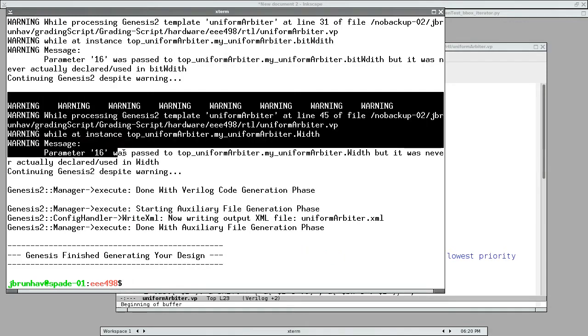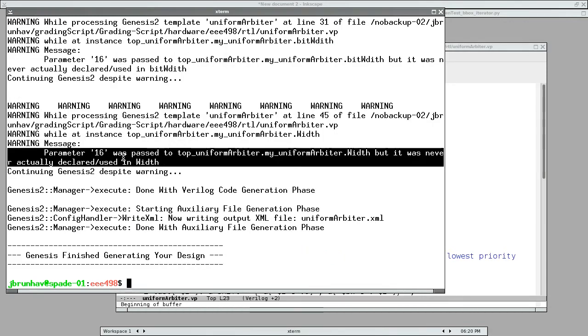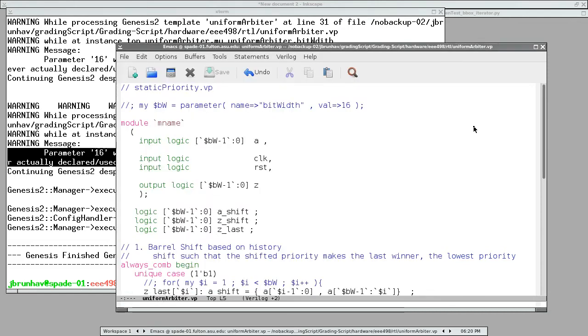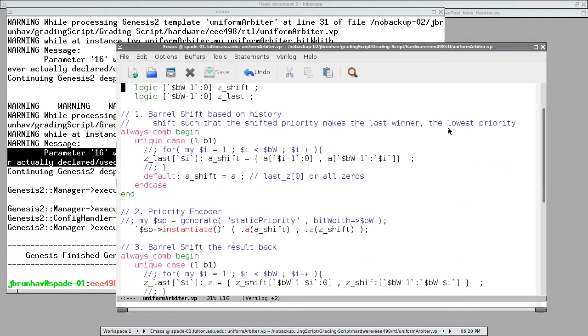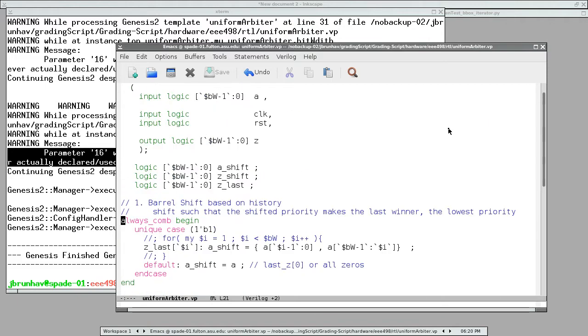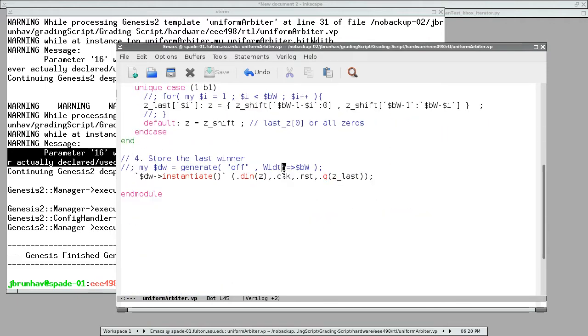So I'm looking through these warnings. Parameter 16 was passed to top uniform_arbiter dot my_uniform_arbiter dot width, but it was never actually declared or used in width. So what is going on here? It was a parsing error.